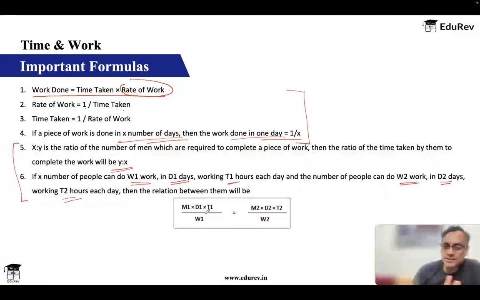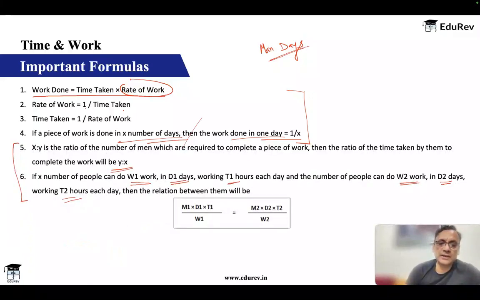This might look a bit complicated, but basically what it means is that we are going to define work in terms of man days.